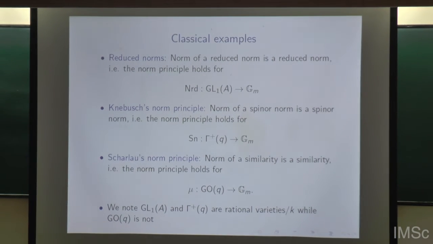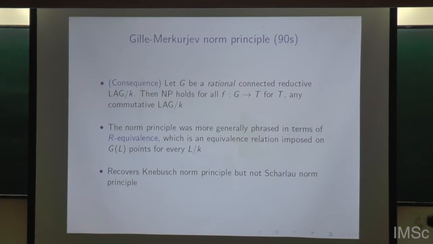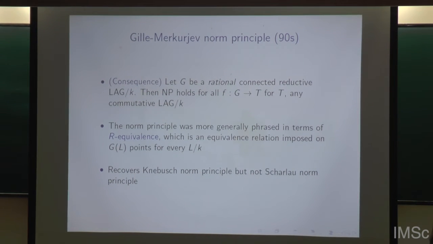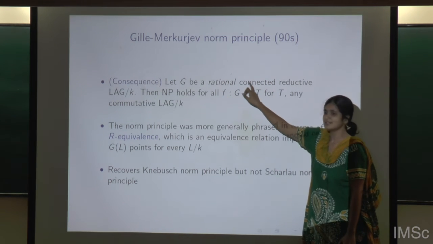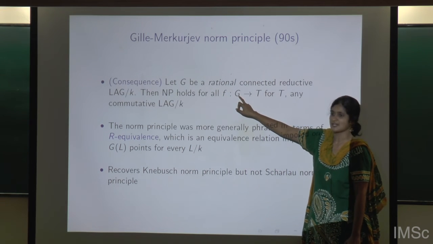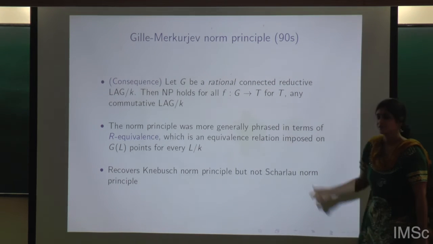Why am I talking about rationality at this point? Because you have some general norm principle. This is the work of Philippe Gille and then later by Merkurjev, and they state it more generally, but let me state the consequence. Supposing you have a G which is rational connected, so as a variety this is rational, then you take any map from G to T, and the norm principle just holds for it.